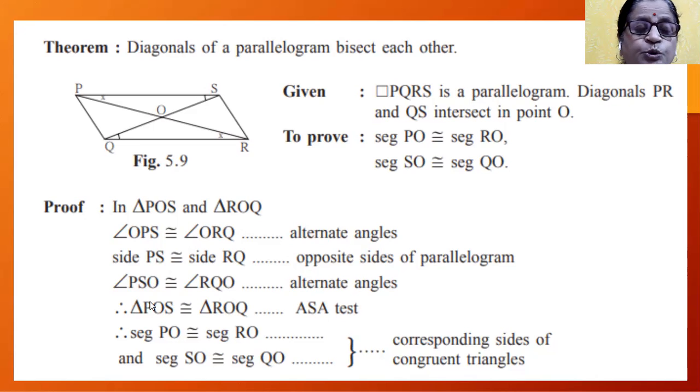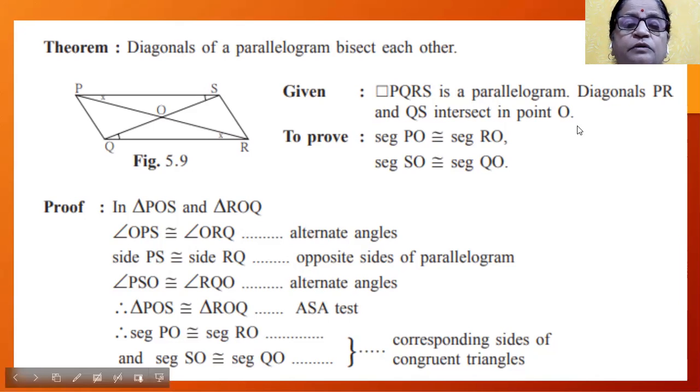Therefore, these two triangles, triangle POS and triangle ROQ, are congruent according to the ASA test. Therefore, segment PO is congruent to segment OR, and OS is congruent to OQ. So we have proved this.